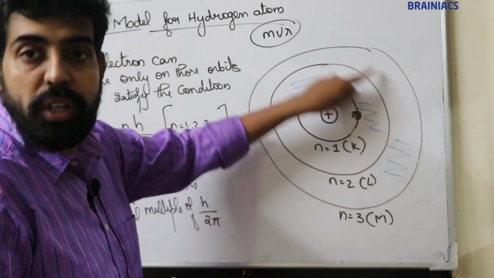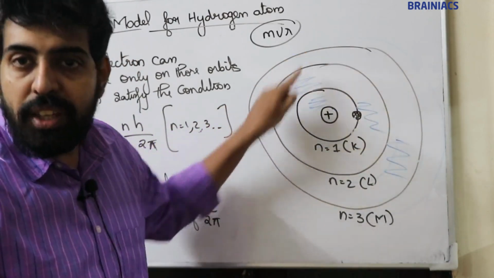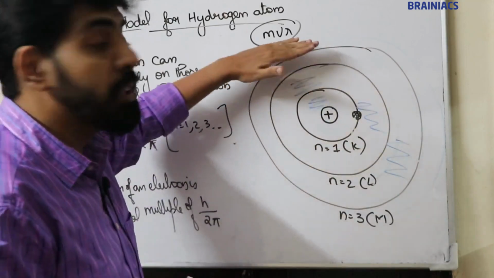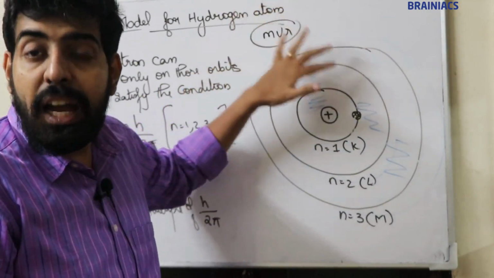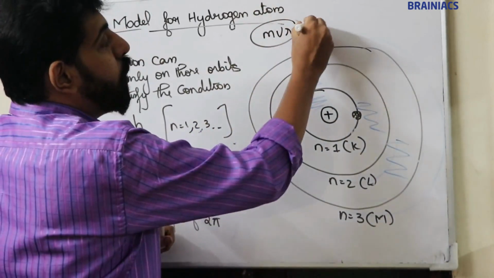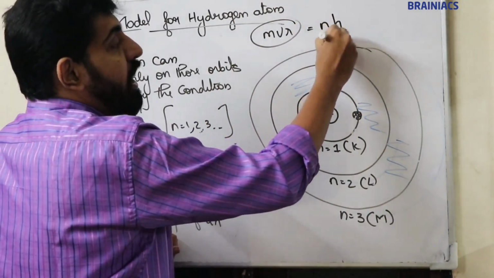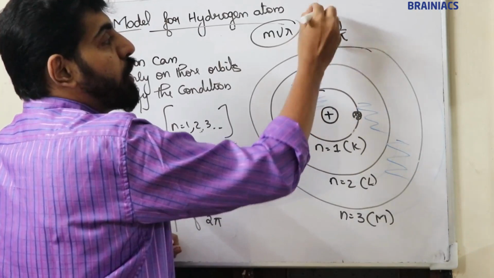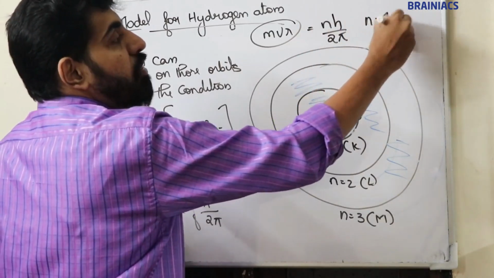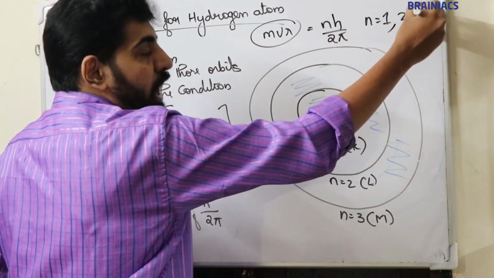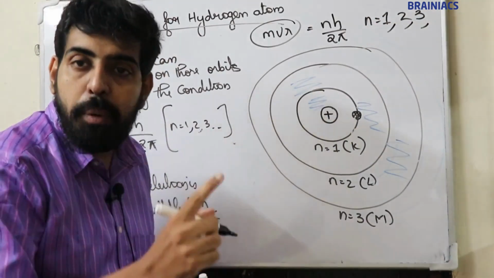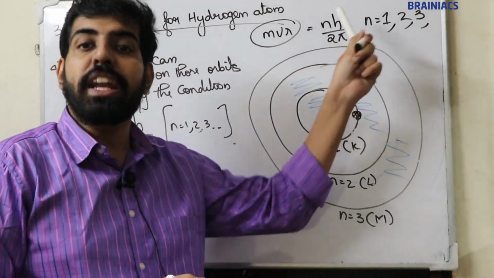Here the electron is rotating, so momentum due to rotational motion is angular momentum. Now, angular momentum value will be equal to nh by 2 pi when n is equal to 1, 2, 3.